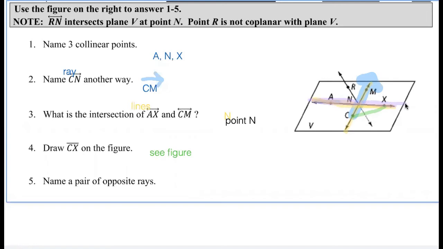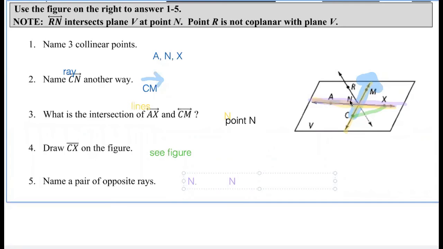We know that line has points A, N, and X. When we identify the shared endpoint, remember these 2 opposite rays, there's 2 of them. They both should have a common letter, a common endpoint. That endpoint has to be the one in the middle. So it's going to be point N. We're going to need point N for both of our answers.